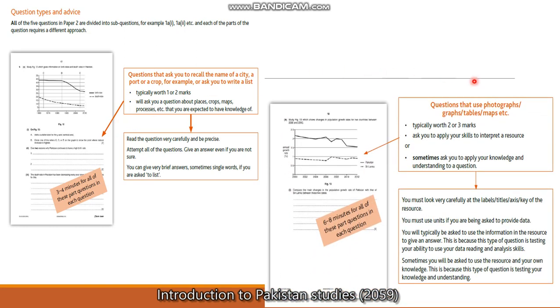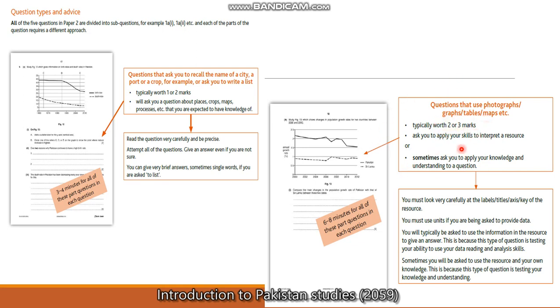And another type of questions are where you have to describe or explain photographs, graphs, tables or maps. For example, the graph given here is a comparison graph, a line graph showing two different sets of data, and the examiner is asking you to compare these two data. They can give you such type of question to compare different productive regions on a map, or to compare the data in tables.